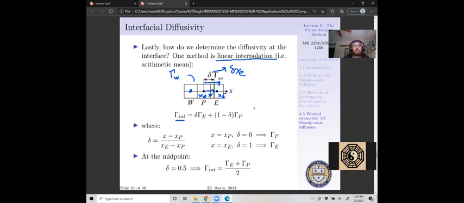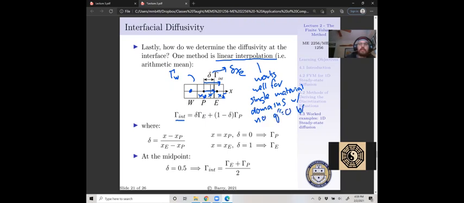Now, linear interpolation works well for single material domains with no insulated or adiabatic boundary conditions.